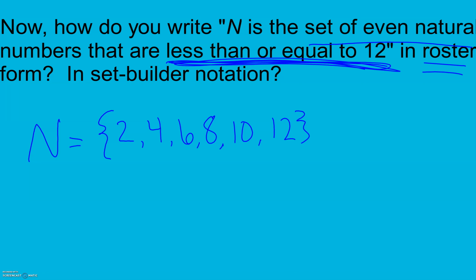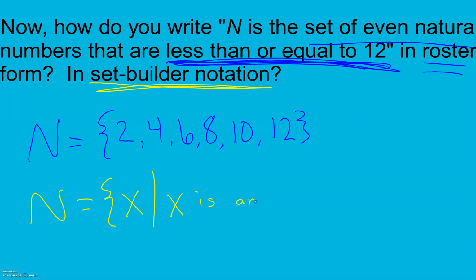That's roster form. In set builder notation, we say N is, just like we did before, but remember we always start off with any number x such that that number is an even natural number.